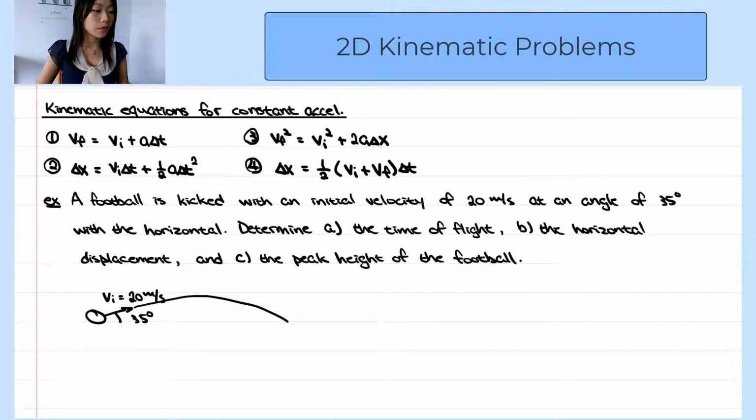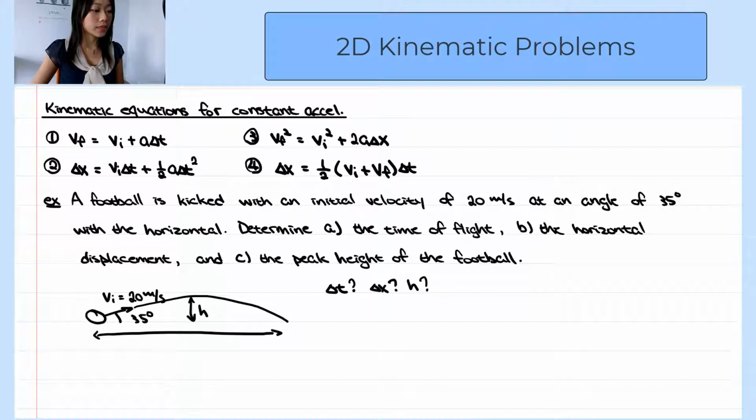So in this question, we want to find the time of the flight, which is delta t, and the horizontal displacement, delta x, which is the distance here. And in part C, we want to find the peak height of the football. Let's call this h, which is this part.